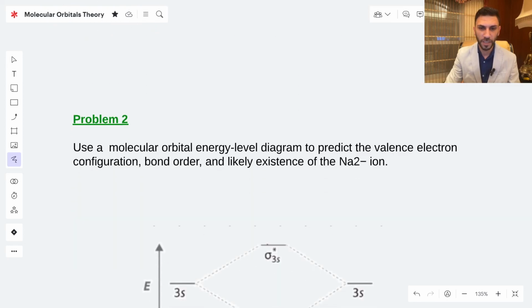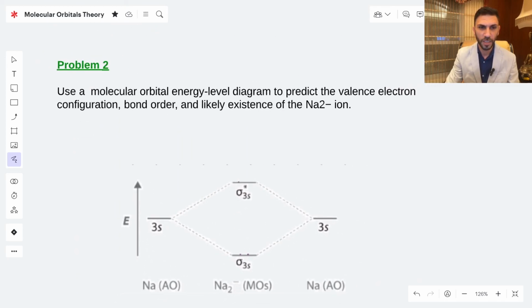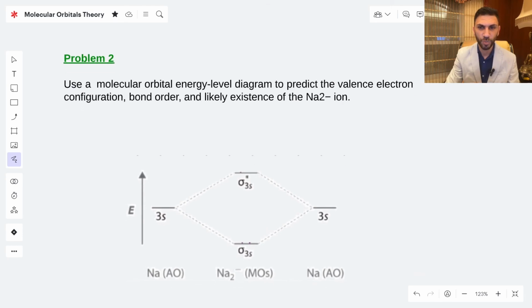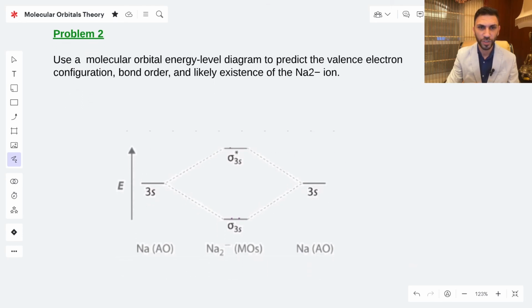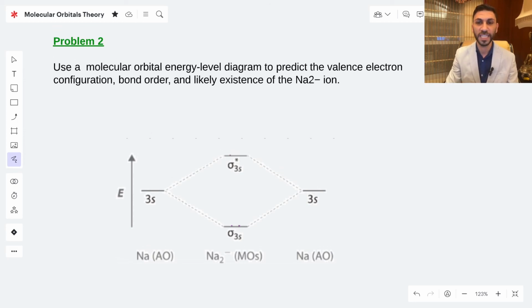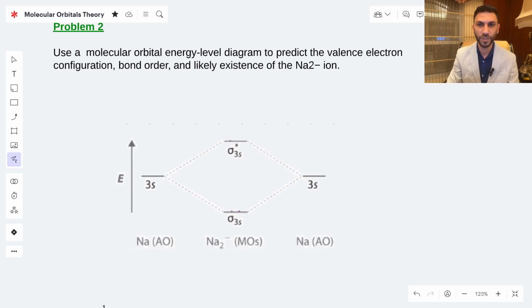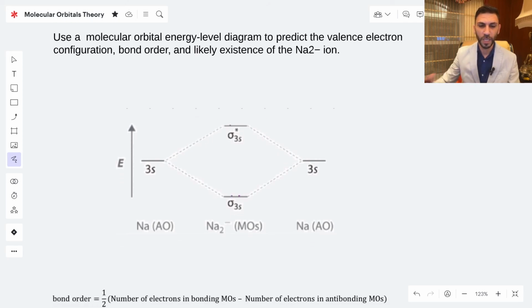All right. The second problem: use the molecular orbital diagram to predict the valence electron configuration, bond order, and likely existence of the Na2 negative ion. Now, for the Na, we have 11 electrons.